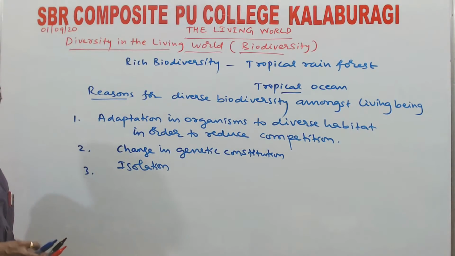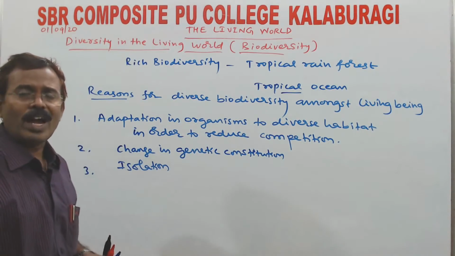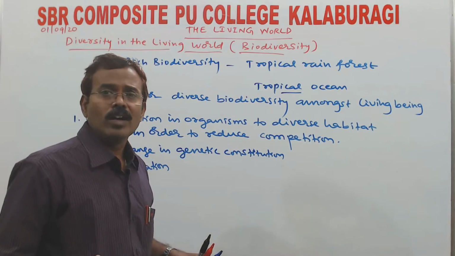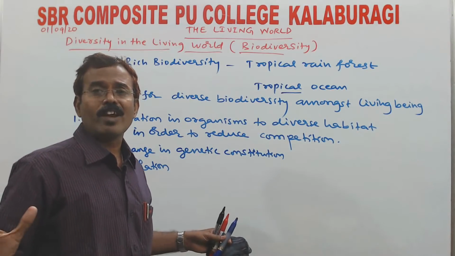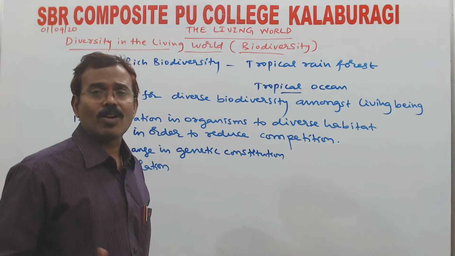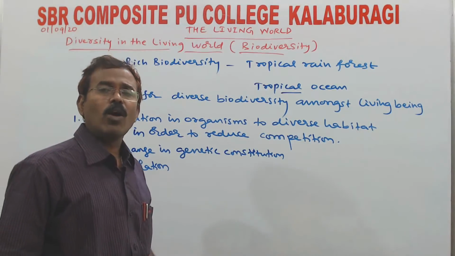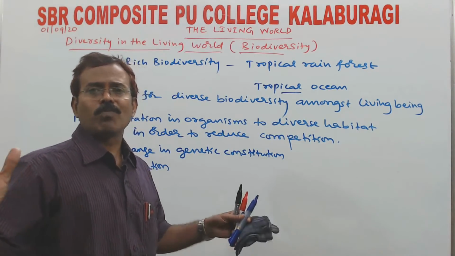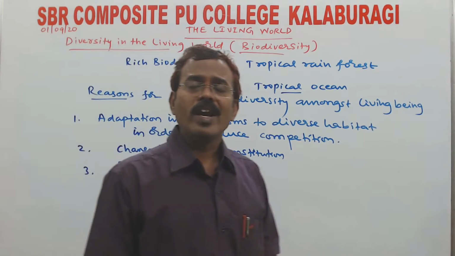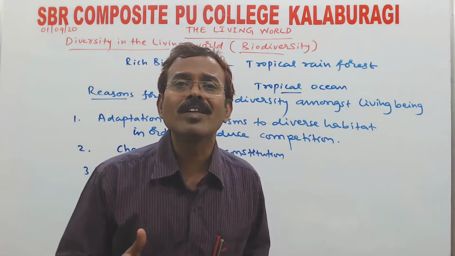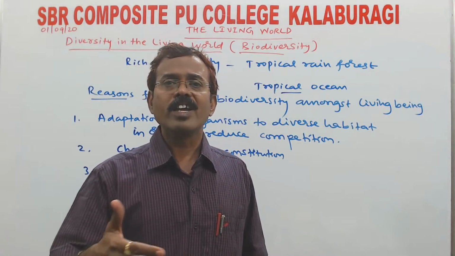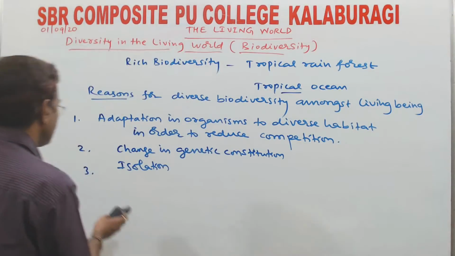So try to remember the reasons for the biodiversity, right? We have rich flora and fauna confined mainly to tropical rainforest as well as the tropical ocean. When we have such a large number of plants and animals, it is very difficult to remember the characters of each plant and animal.